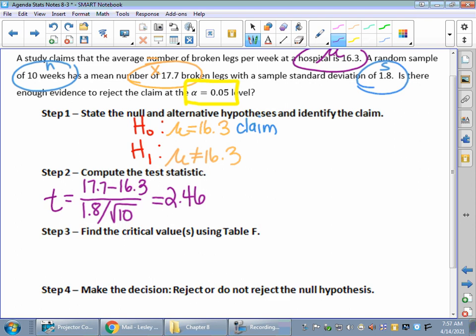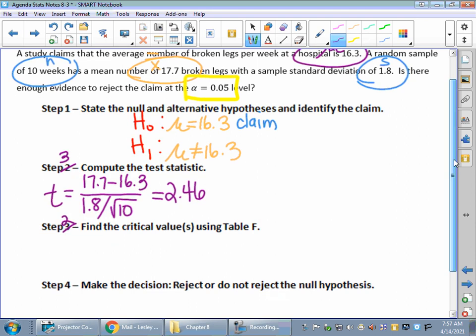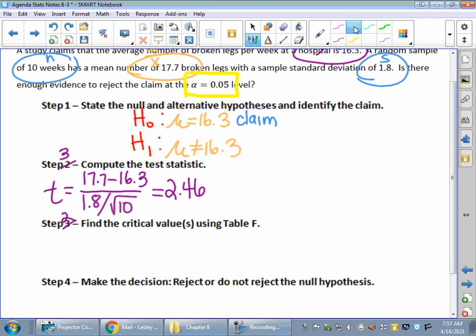All right, so now I am going to find, oh, I should have found my critical value first, shouldn't I? This was actually step 3. So my critical value, I've got to go to my t table. My degree of freedom is 9. This is two-tailed, right?